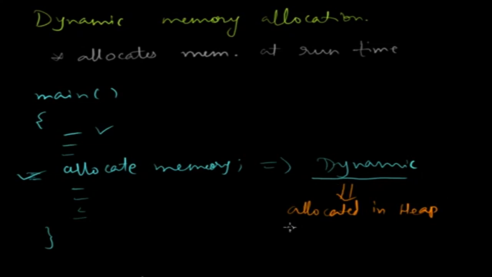This you should remember. Now let us look at the functions that deal with dynamic memory. The C library provides us 4 functions for doing operations related to dynamic memory. Let me list all of the 4 functions.